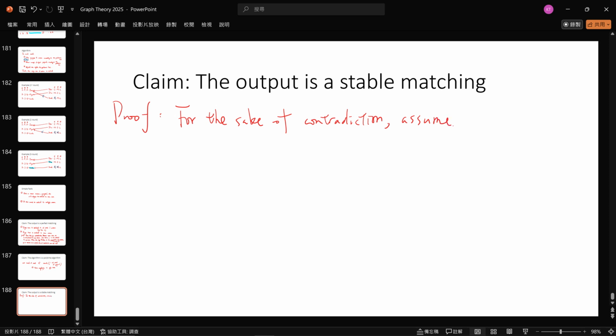So this means we're going to assume that the output is not a stable matching. And if a matching is not stable, this implies that there's an unstable pair.